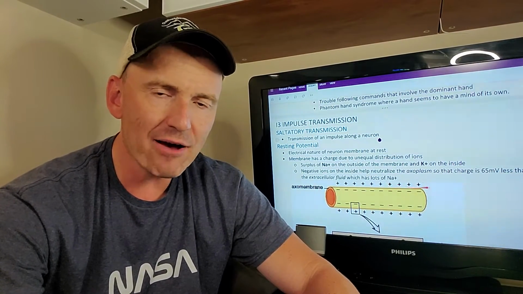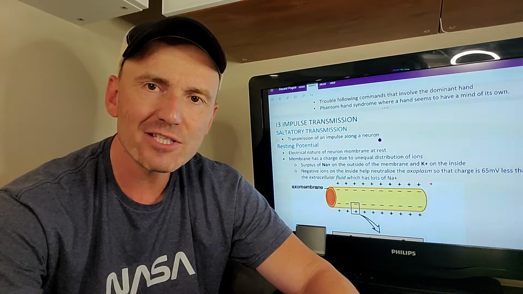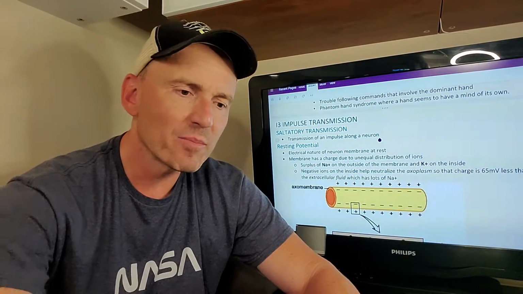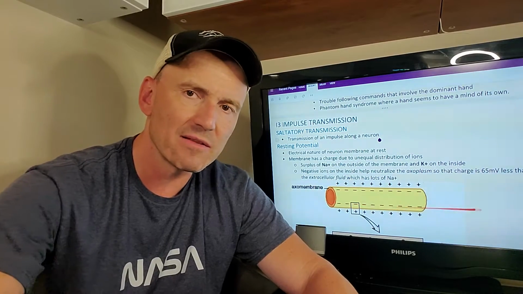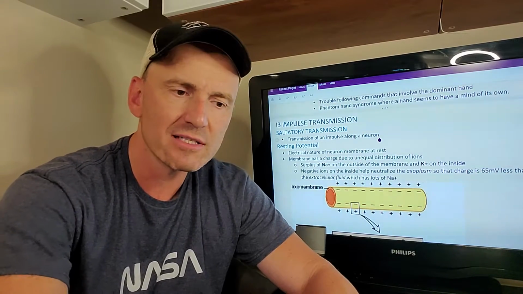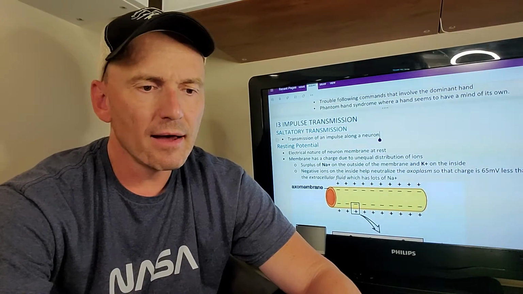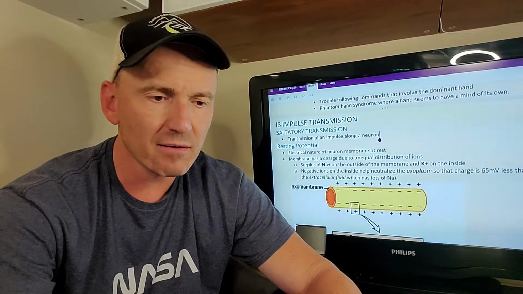The outside, the extracellular space around the nerve, and pretend this is the axon. Remember, axon is impulses moving away from the cell body, but it could also be a dendrite, where impulses move towards the cell body.